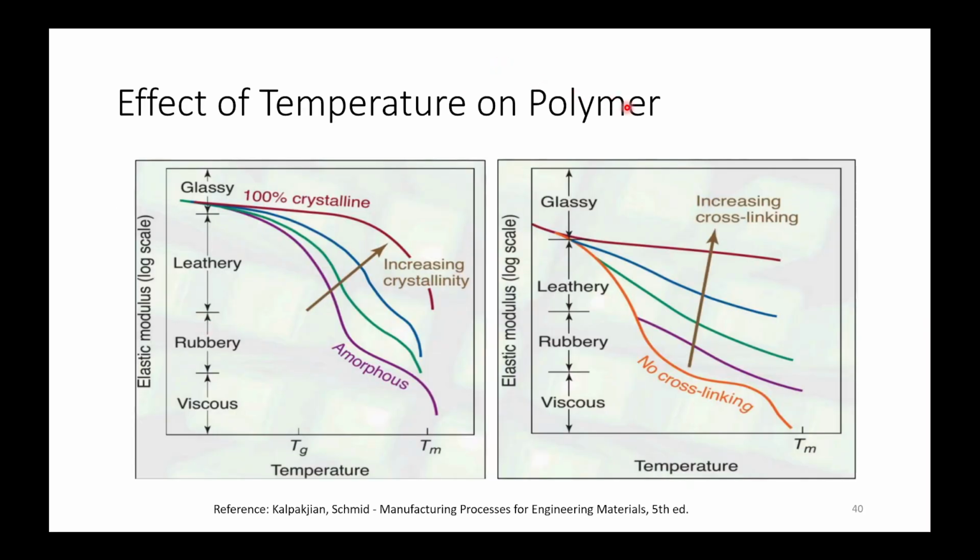Effect of temperature on polymers. As temperature increases, the elastic modulus will come down. With increasing crystallinity, the elastic modulus increases, and with increasing cross linking the elastic modulus also increases.